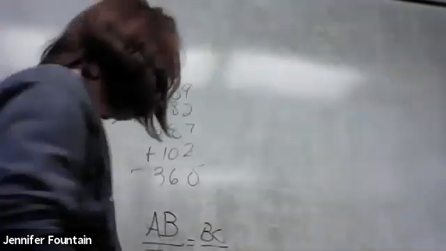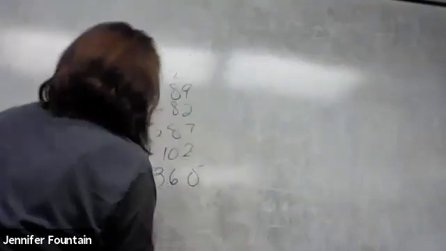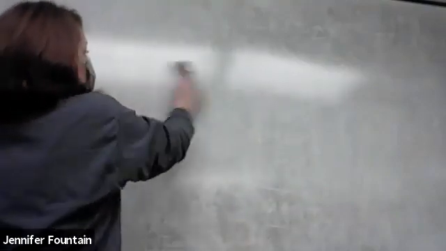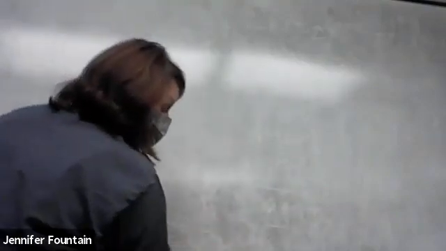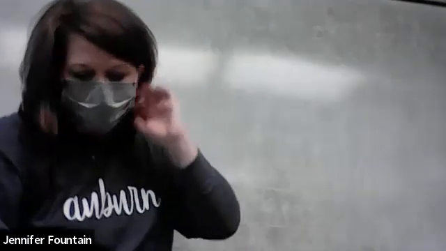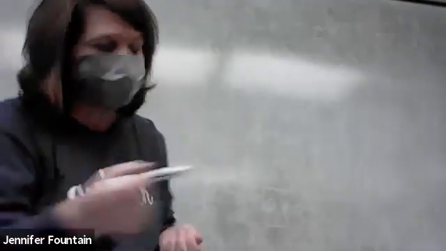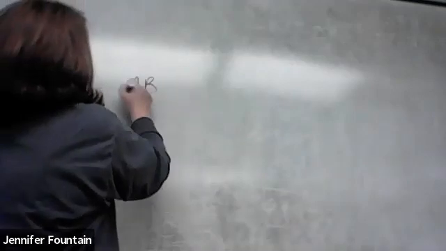Number 5, find the scale factor of TUVW to ABCD. So let's think about this for a minute. Scale factor means what? A scale factor is going to be a ratio, okay? So notice, what side does AB correspond with?